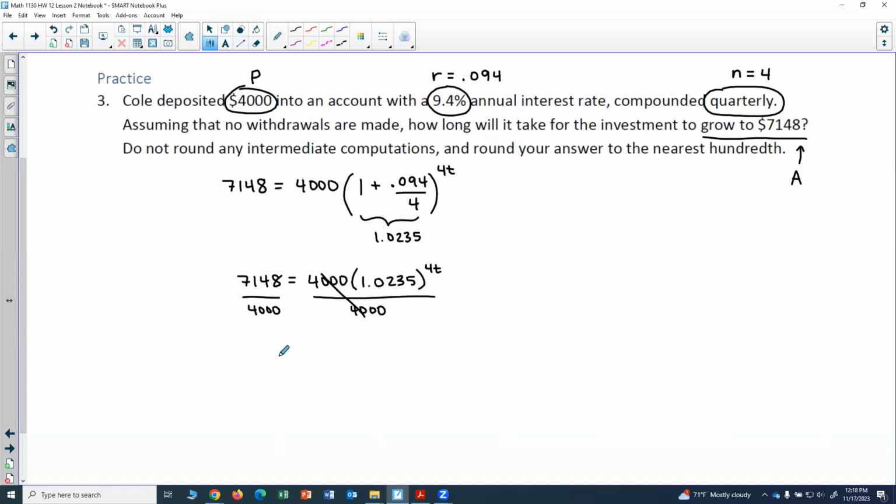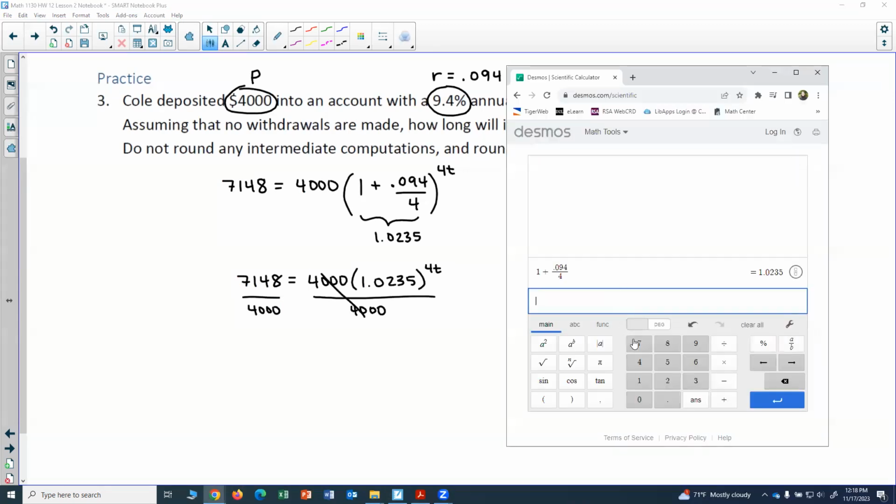I don't want to round 7,148 over 4,000, but I could see if there's a nicer fraction. 7,148 divided by 4,000 comes out as a nice number, 1.787, or you can write it in fraction form.